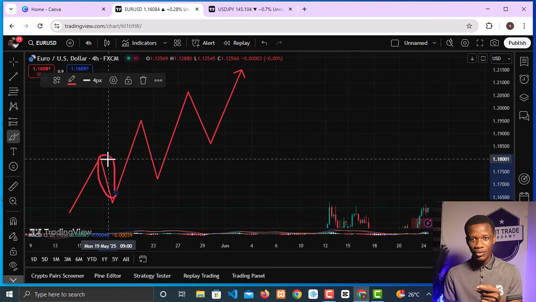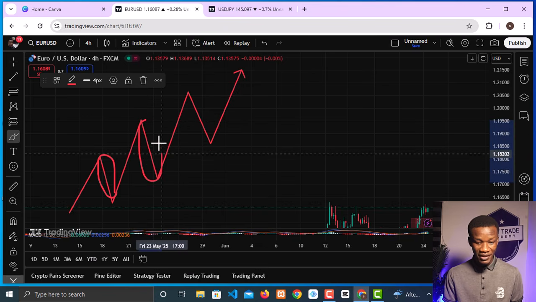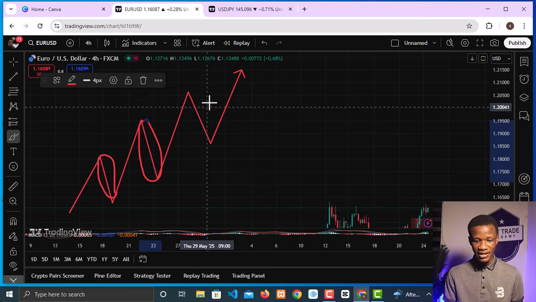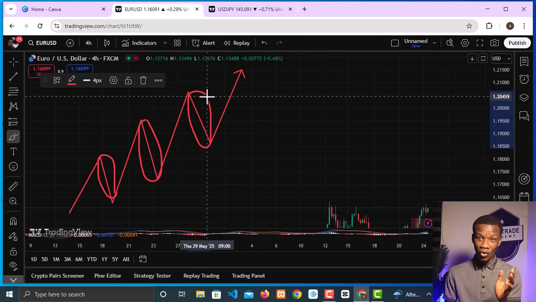And if it's correcting with smaller bearish candles, a mixture of bullish and bearish candles, but the market is still coming back down, that is a corrective pullback. This area as well is the same thing, depending on the strength in the candle formation coming down, whether corrective or aggressive.